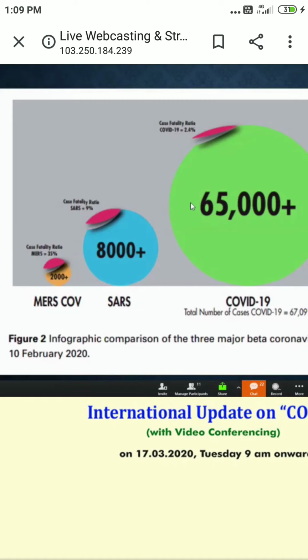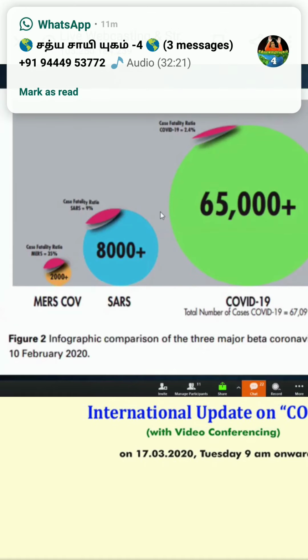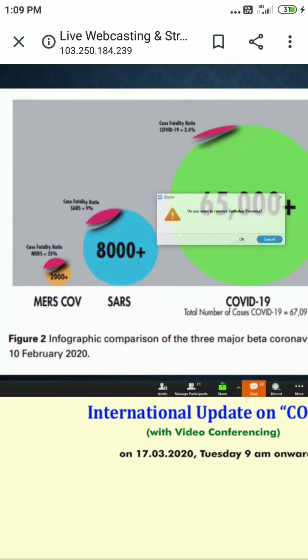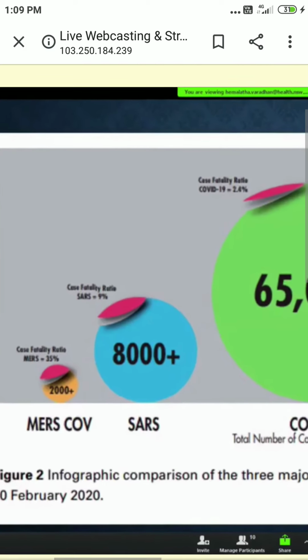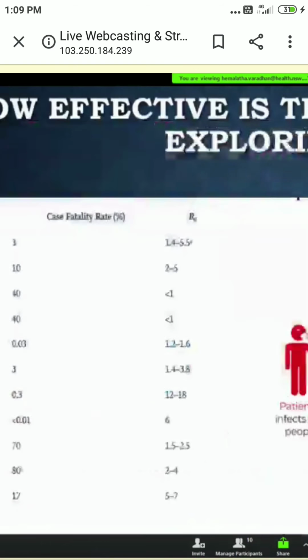But you can see that the case fatality rate in SARS is much lower than MERS, and in the SARS-CoV-2 it's much lower. And as previous speakers have alluded to, the recovery rate from SARS-CoV-2 is much higher and sits around 80 to 90%. Okay, a word about R0.